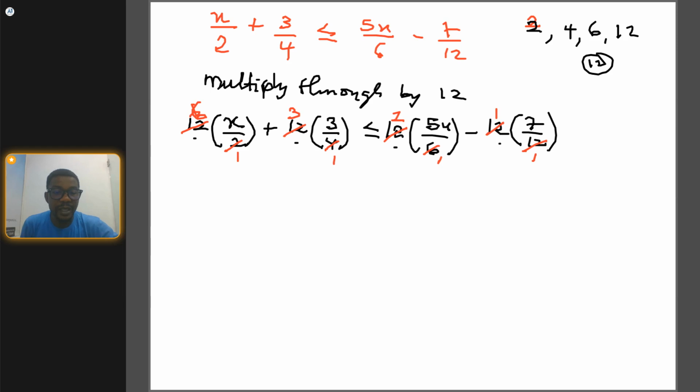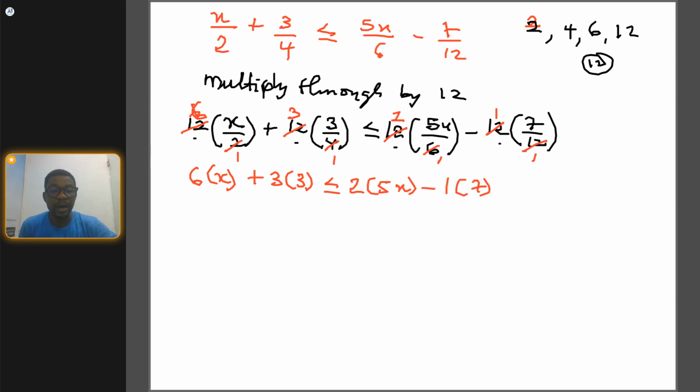So the expression has been reduced to 6 in brackets x plus 3 in brackets 3, less than or equal to 2 in brackets 5x minus 1 in brackets 7.